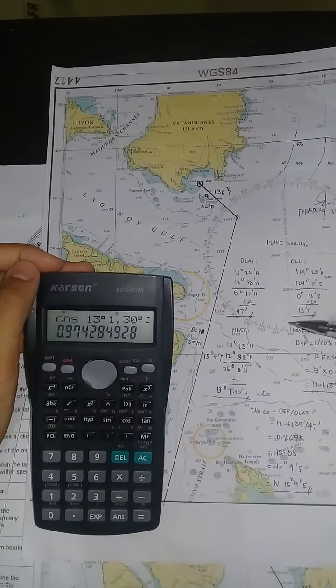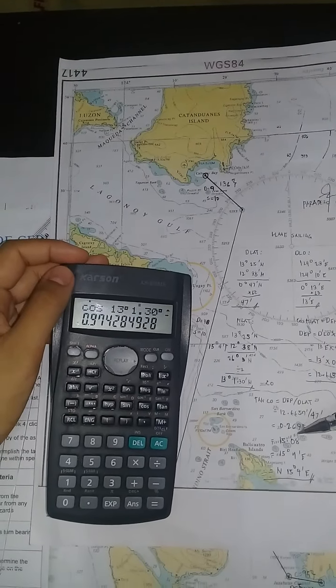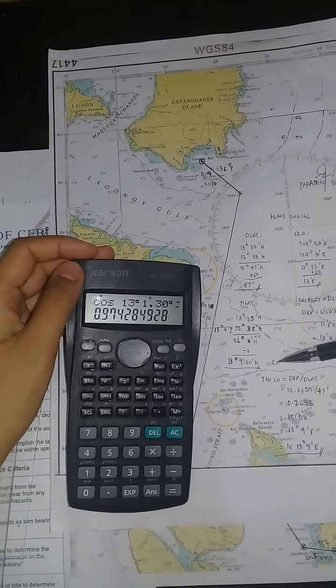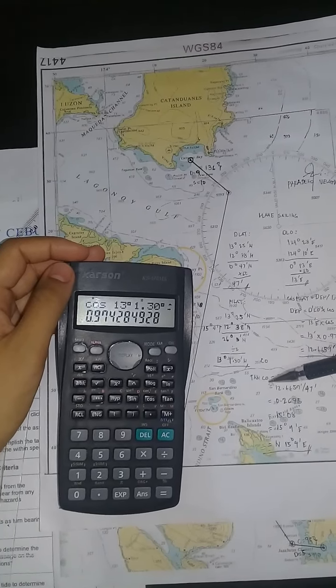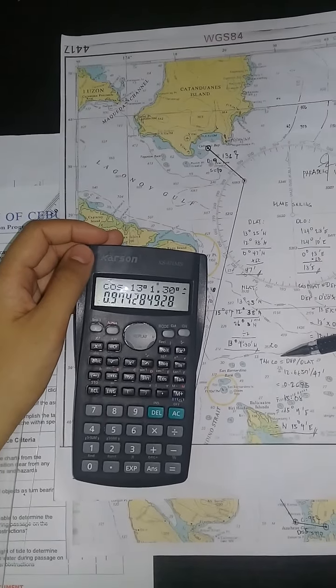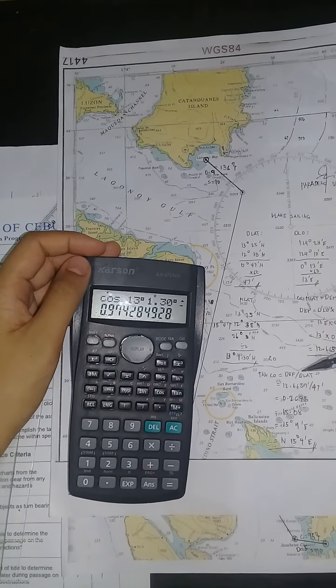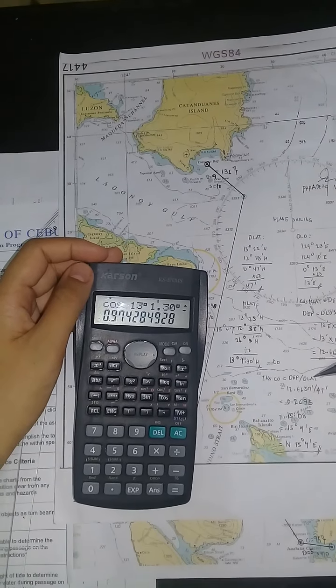So next we're going to get our true course. The formula is tangent course equals departure divided by difference of latitude.